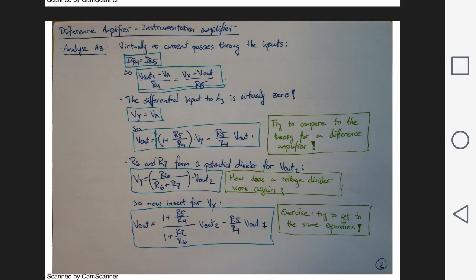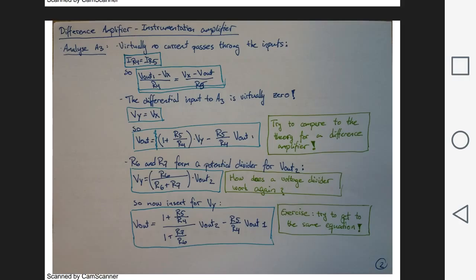Using Ohm's law, the output of the first stage, A1, minus the potential at node X divided by R4 is equal to the potential at node X minus the output voltage of A3 divided by R5.